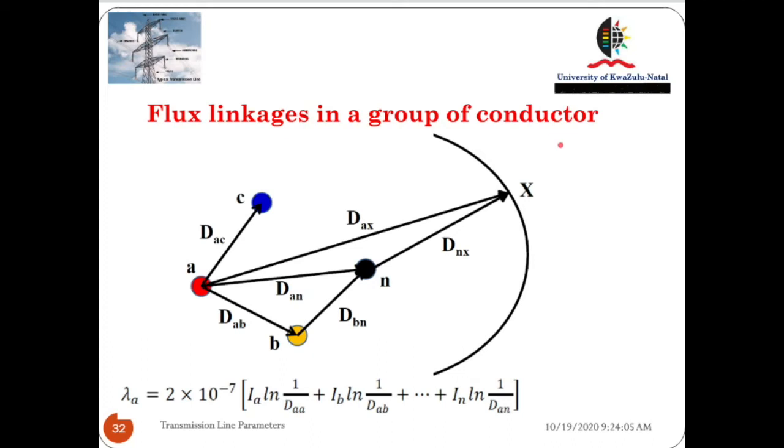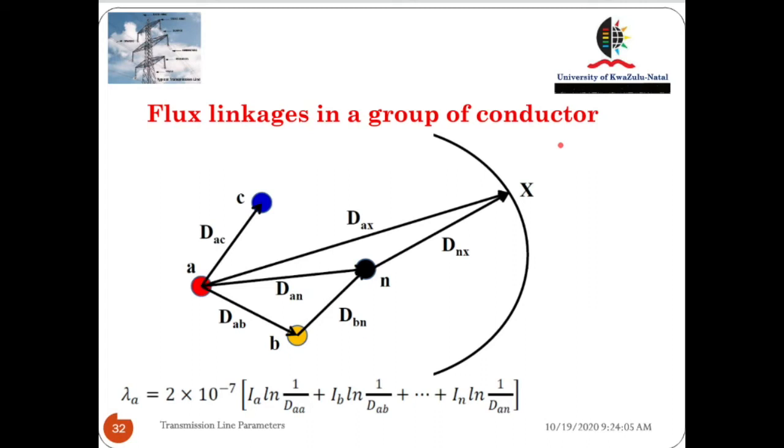And flux linkage lambda A is calculated here. It is the flux linkage of conductor A considering its own current IA, plus all other currents in the conductors that are around it, in the vicinity.